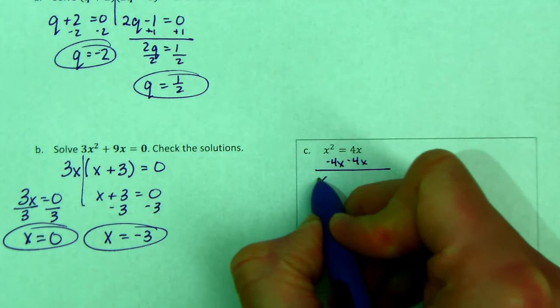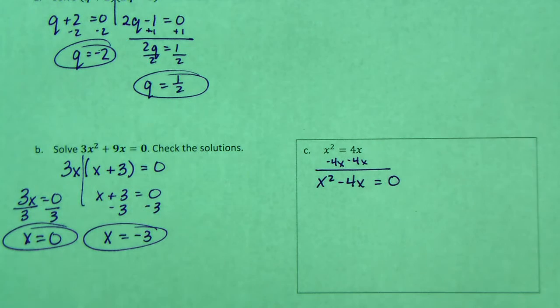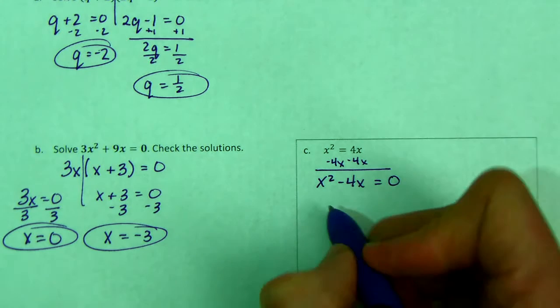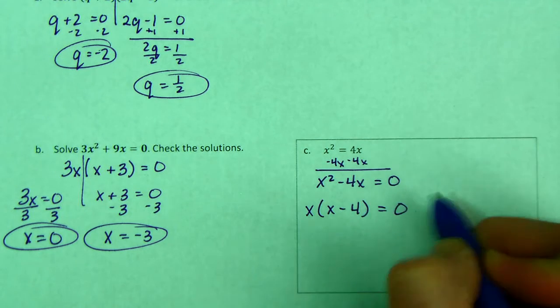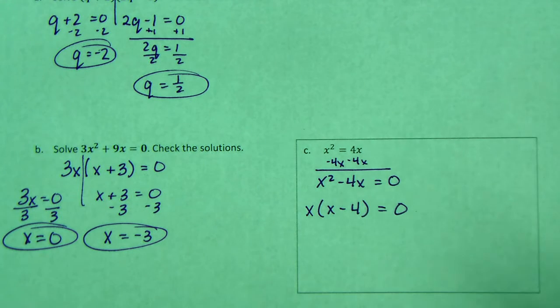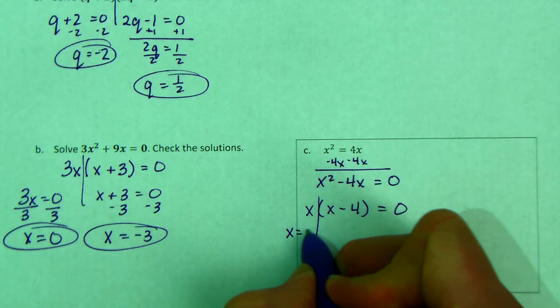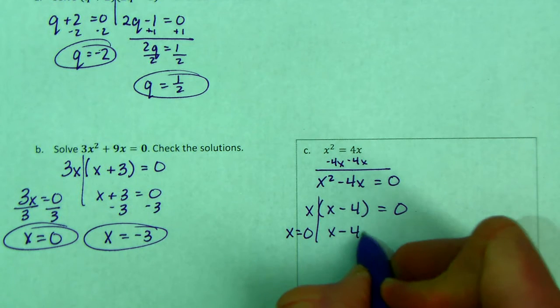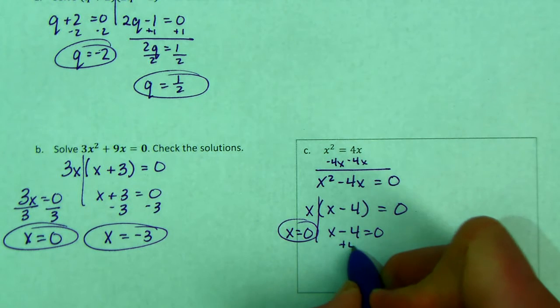It's only a binomial, so take out a greatest common factor, which is x, and get x times (x minus 4), and then set them both equal to 0. So x equals 0 and x minus 4 equals 0. That one's already done. Possible answer. Solve the other one. 4 and 0 are possible answers.